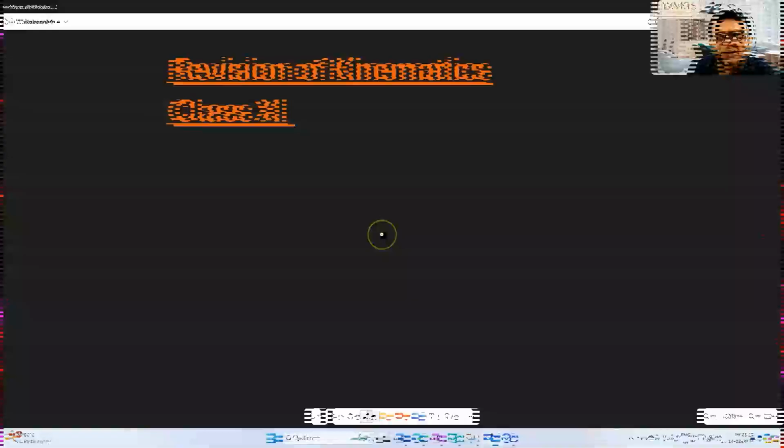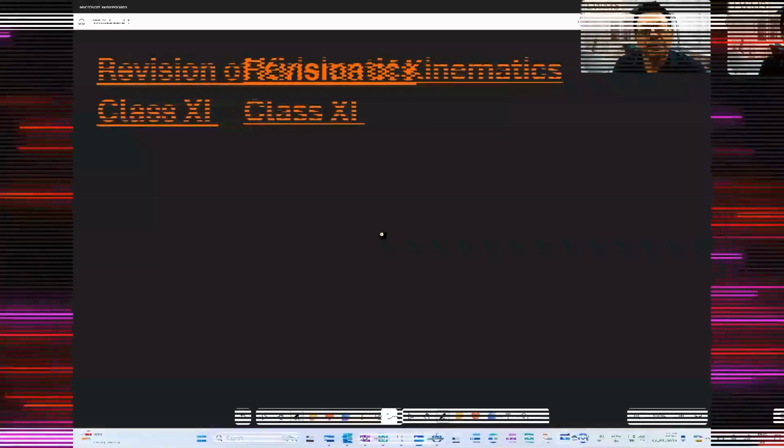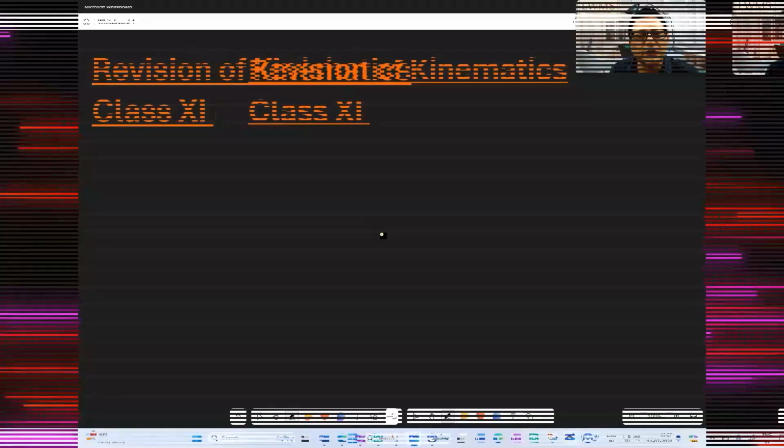So when you revise kinematics for class 11 syllabus, you have to know motion in one dimension and motion in a plane, that is two-dimensional motion.